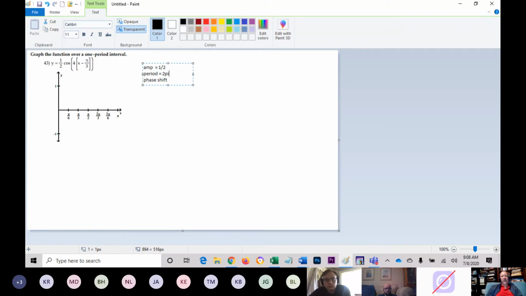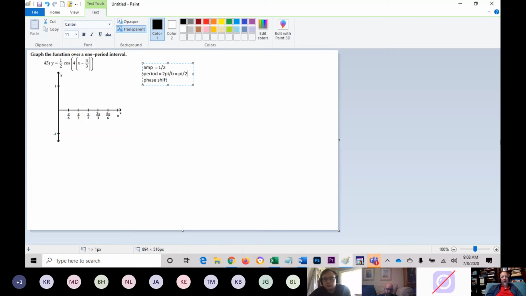But what's the definition of period? It's 2 pi over b, right? Yeah. So what's b in this case? 4. So 2 pi over 4. That's going to be what? 2 pi over 4 would be pi halves. Pi halves. So we're doing this whole thing in pi halves, okay?